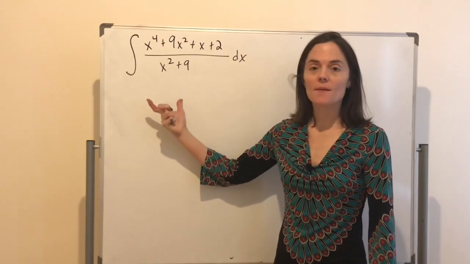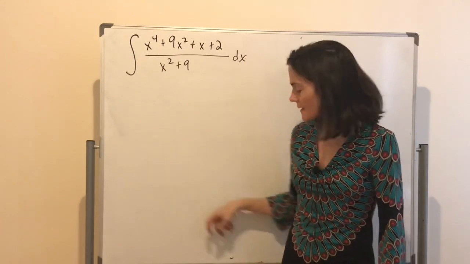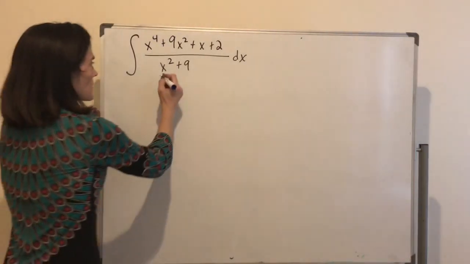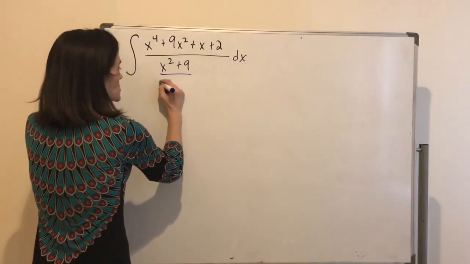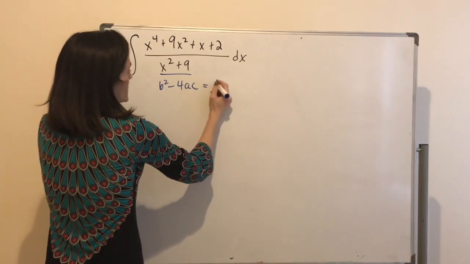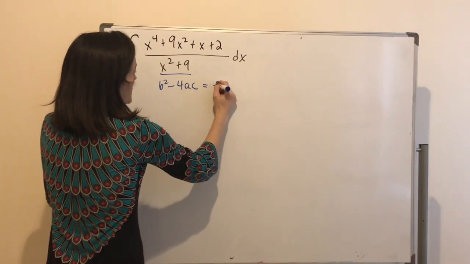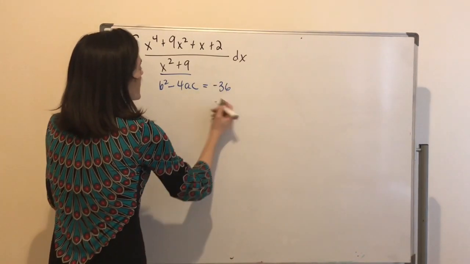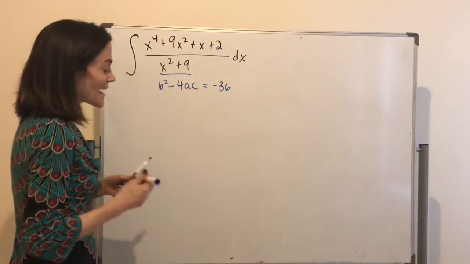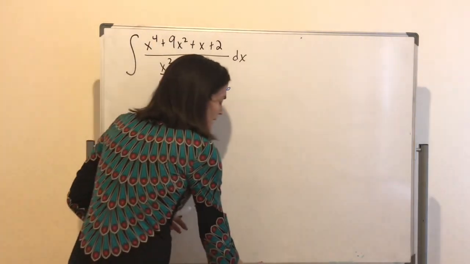If you look at the denominator, this is an irreducible quadratic. So here, b squared minus 4ac is negative 36, because b is 0. This certainly does not factor. So this is irreducible, and we only really have one term.